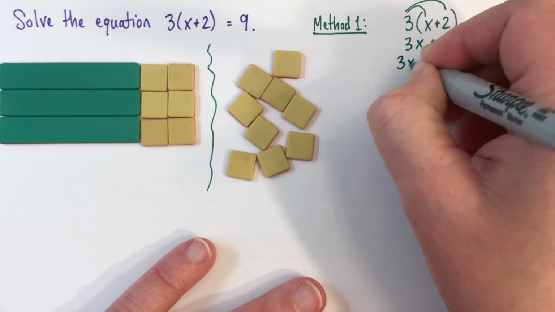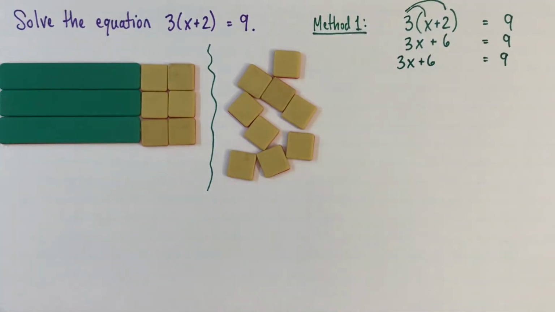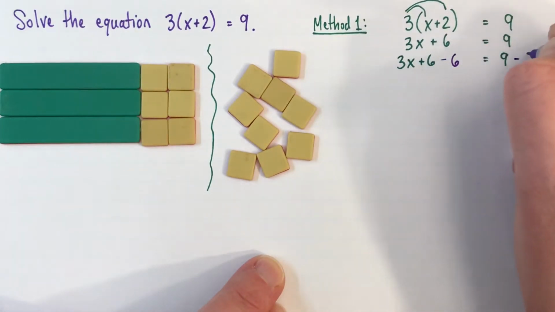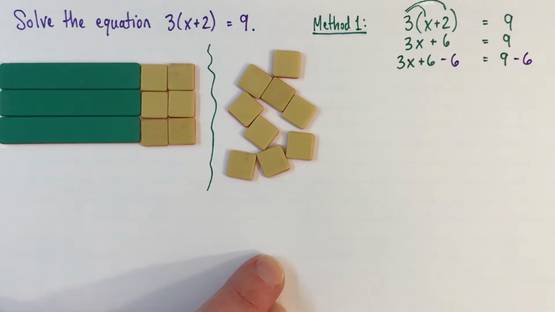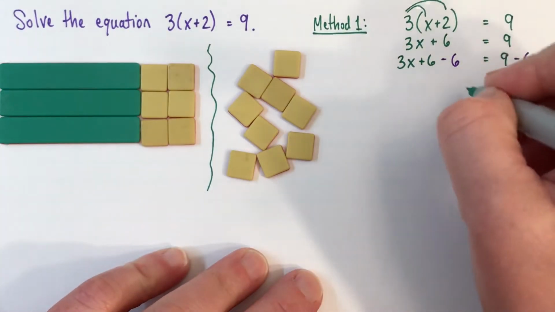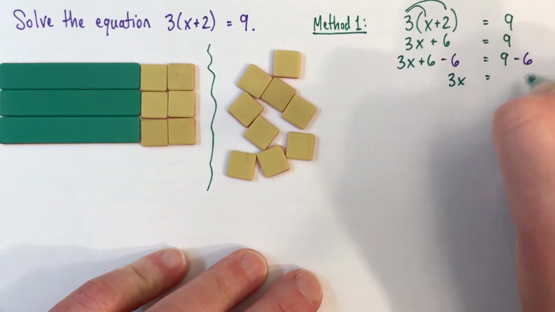I'm going to copy down what I just had, and then I'll subtract 6. Using a different color really minimizes your chance of making mistakes. So on the left we have 3x, and on the right, 9 subtract 6 is just 3.